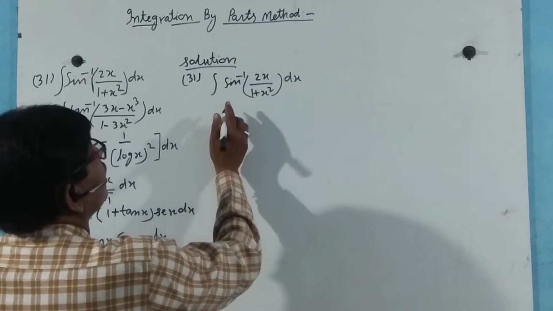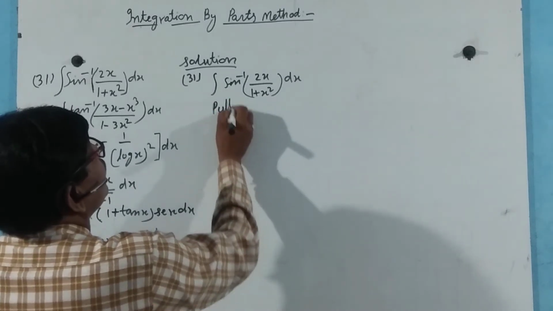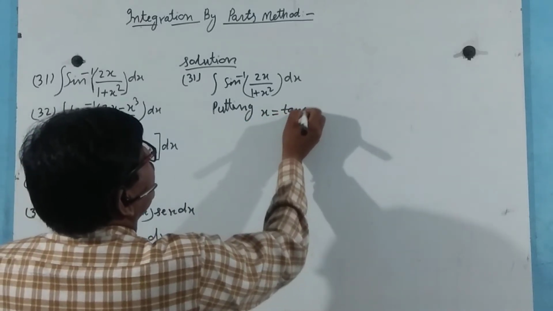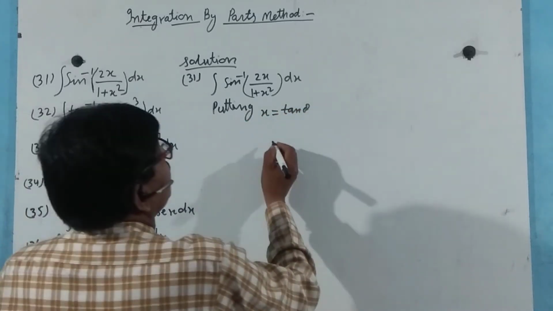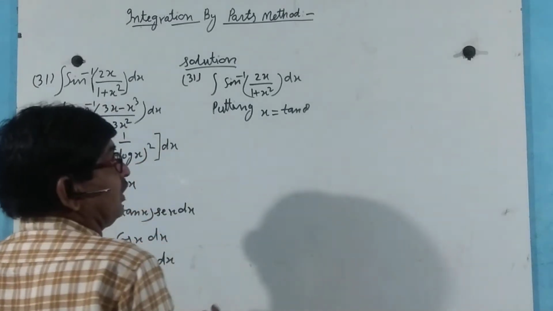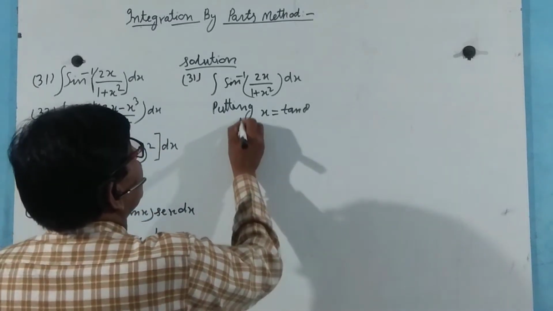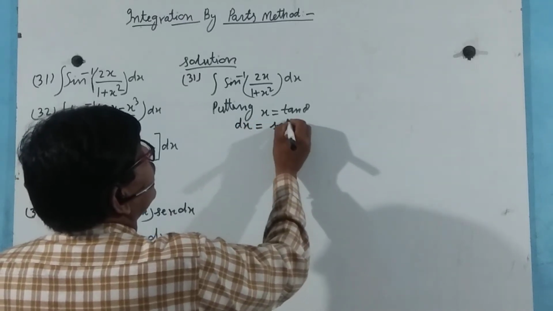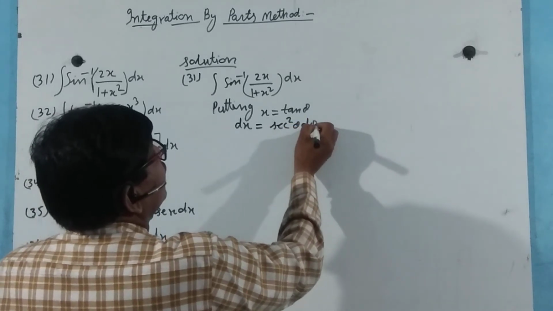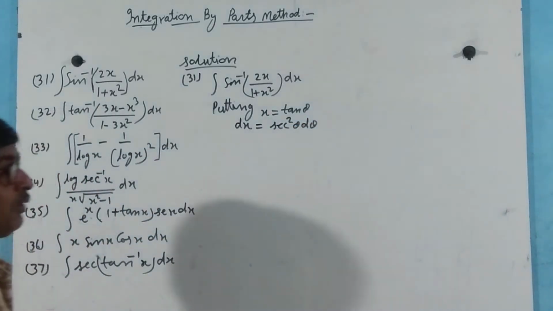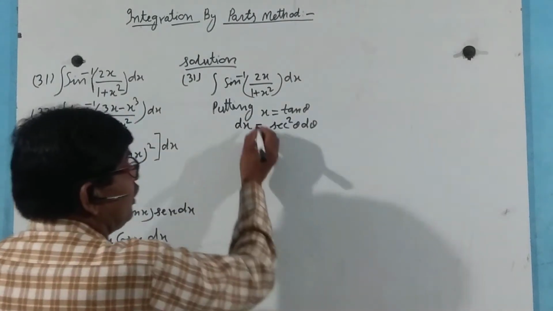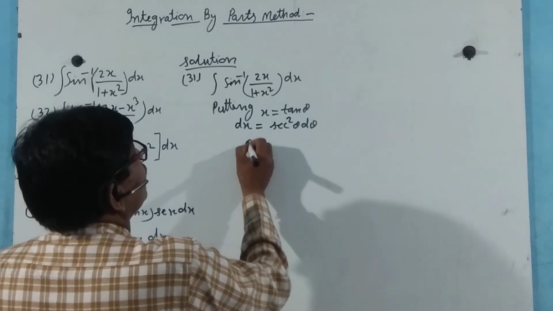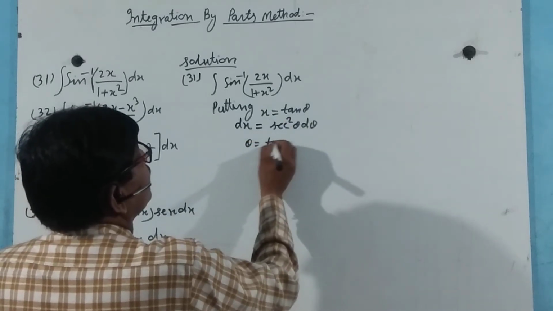Now for this, putting x equal to tan theta, differentiating with respect to theta, dx equal to sec square theta d theta. Differentiation of tan theta is sec square theta d theta. For this, theta equal to tan inverse x.